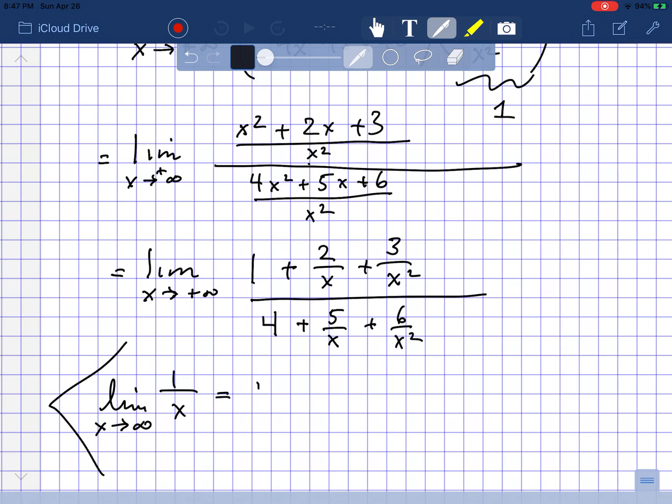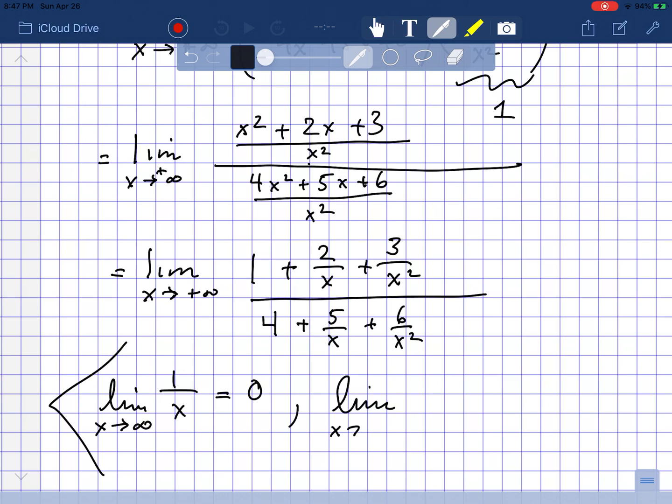What's happening? It's going to go to 0, because if I take 1,000,000 and divide it into 1, I get one millionth. If I take 1,000,000,000 and divide it into 1, I get one billionth. If I take 1,000,000,000,000 and divide it into 1, I get one trillionth. Those numbers are getting smaller and smaller. They're positive numbers, and they're getting closer and closer to 0.